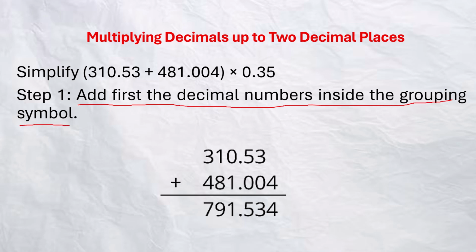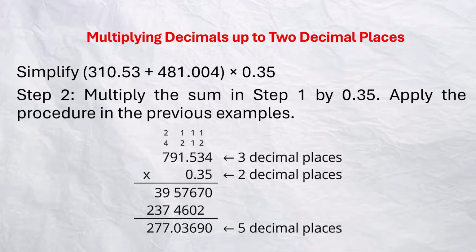So 310.53 plus 481.004, that is 791.534. Step 2, using the sum from a while ago, we can now multiply the sum in step 1 by 0.35 by applying the procedure in our previous examples.